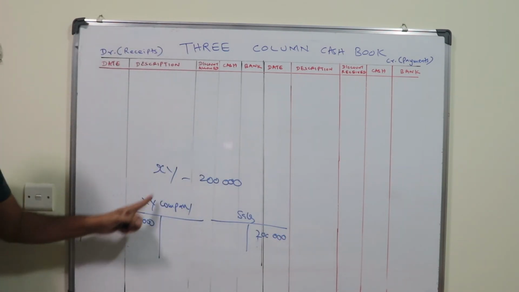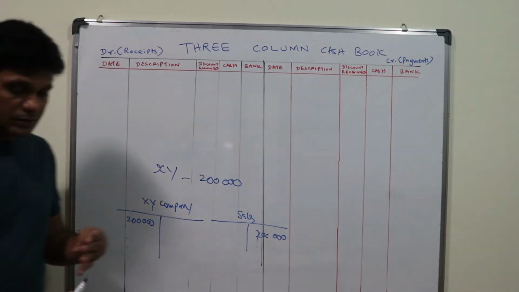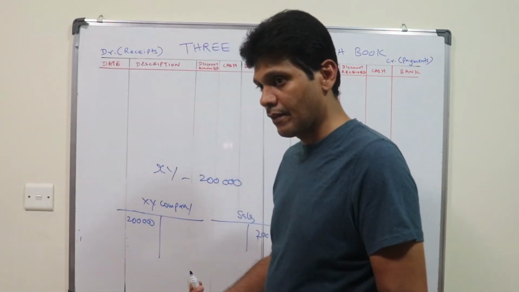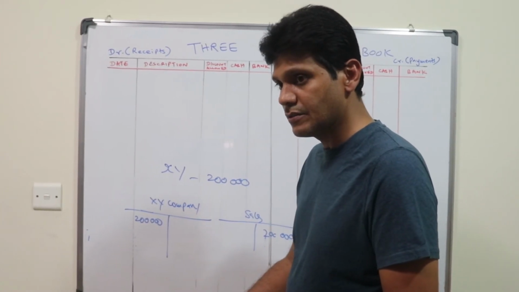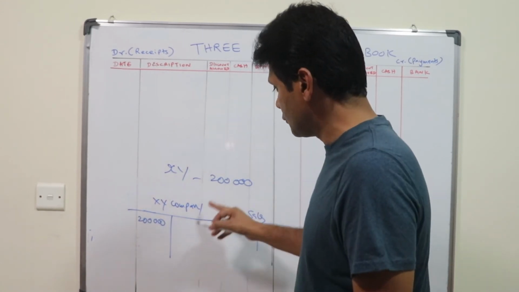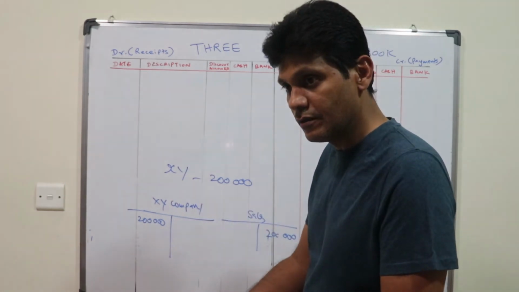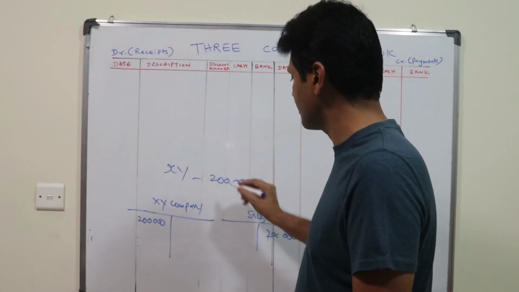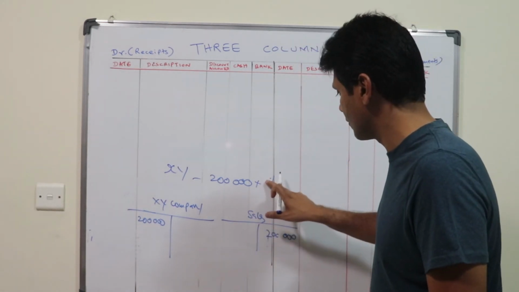Now, to carry out business, you need immediate cash. Otherwise, it's very tough to run the business. So the company can offer this XY company a discount. Let's say the company offered the customer 5% discount.